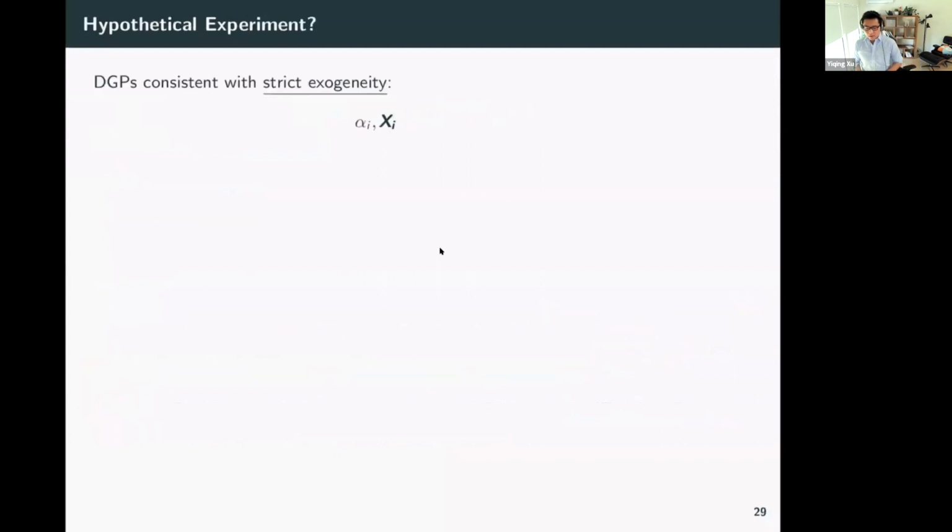Okay, so what may be the hypothetical experiment under strict exogeneity? In Blackwell and Glynn's words, strict exogeneity corresponds to baseline randomization. So you decide your entire vector of treatment status in one shot before the game starts, before Y is realized, right?